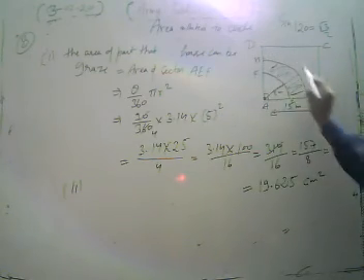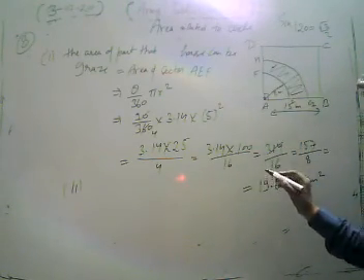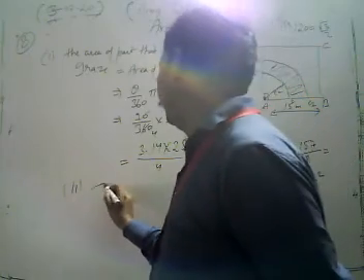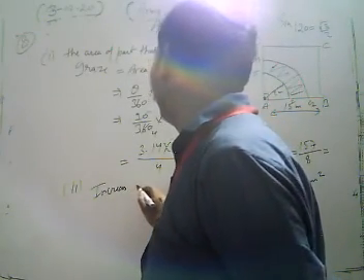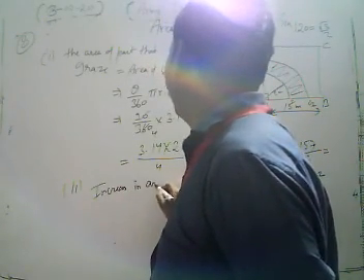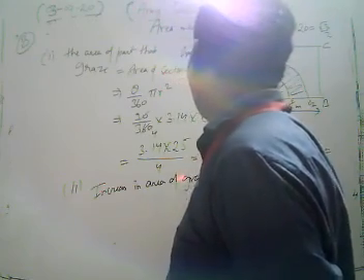Area of sector AGH minus area of sector AEF. Then the increase in area of graze, how can you find out?